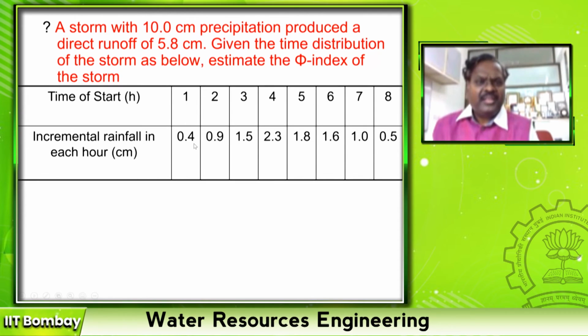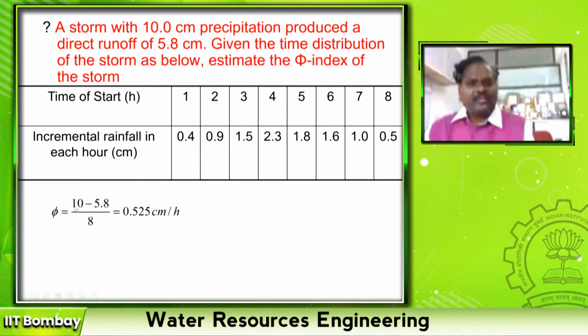And this is the incremental rainfall in each hour. Now I have to estimate the phi index. First, phi index is equal to precipitation minus runoff divided by duration. So 10 minus 5.8 divided by 8 hours, which is 0.525 centimeter per hour.